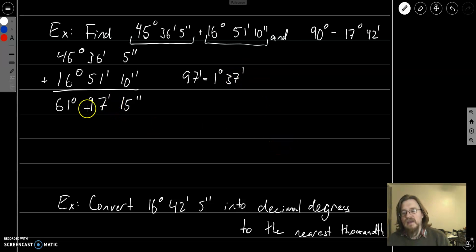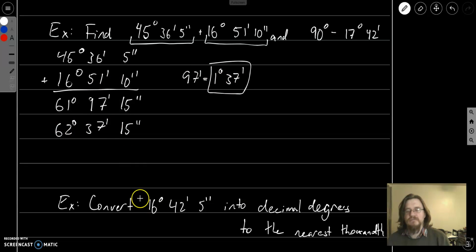So instead of writing 97 minutes here, I'm going to use 1 degree and 37 minutes. So I still have the same number of seconds. I now only have 37 minutes, but I have an extra degree pop out.